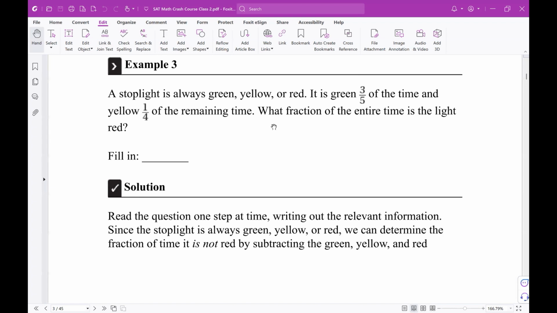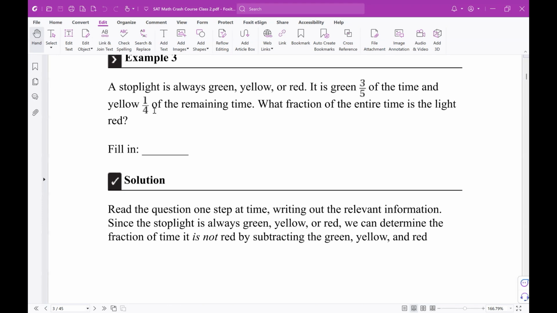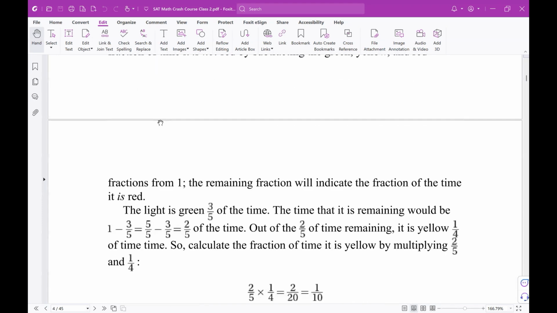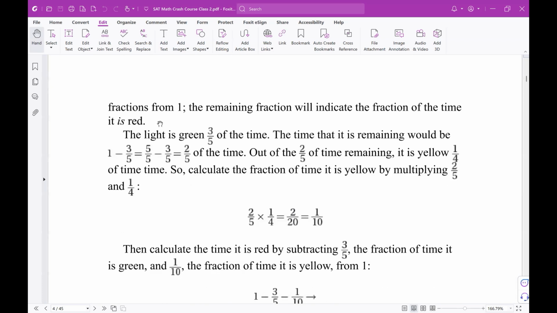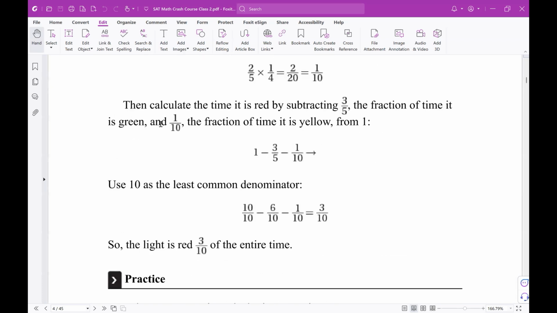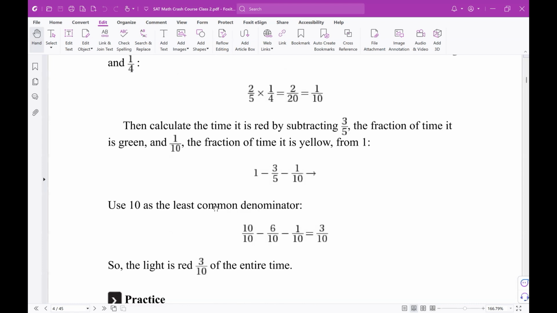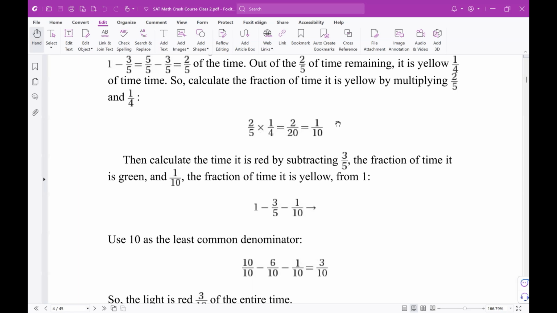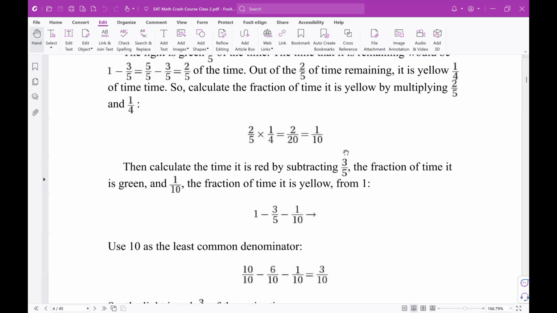Actually, that is the same as we have just added the green light time and the yellow light time, and subtracted it from 1. So basically, they have just done maybe the same. Use at least one common denominator. They are just telling you the exact step-by-step solution.